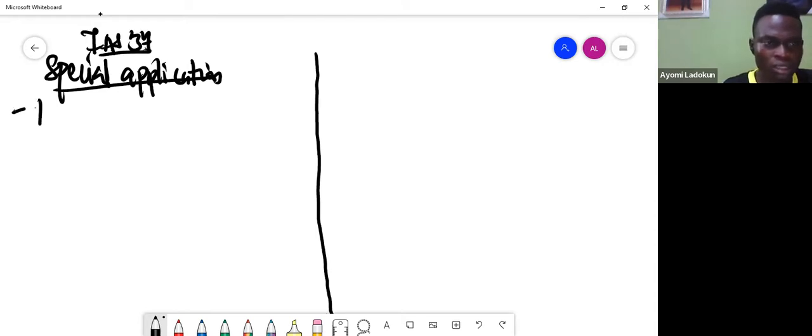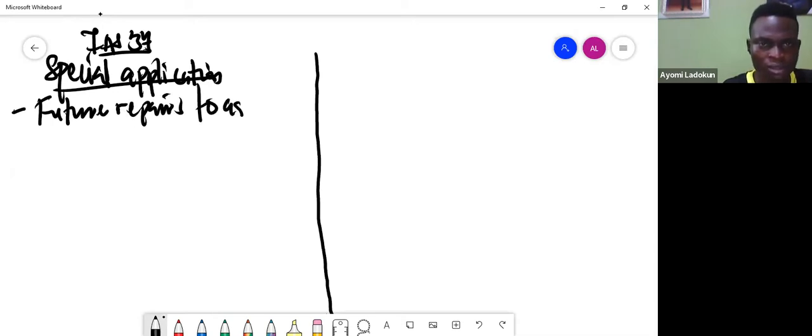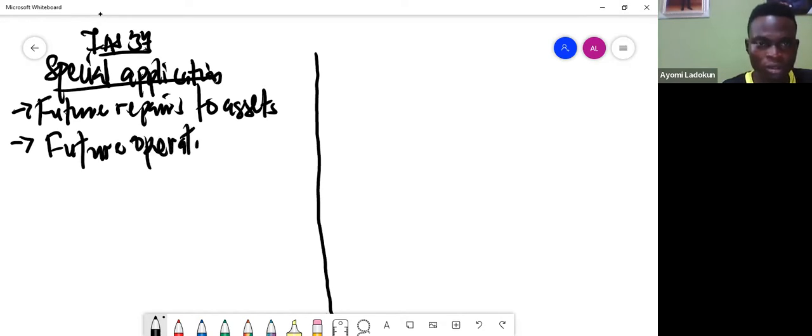One is future repairs to assets. The other one is future operating losses. The other one is onerous contracts.